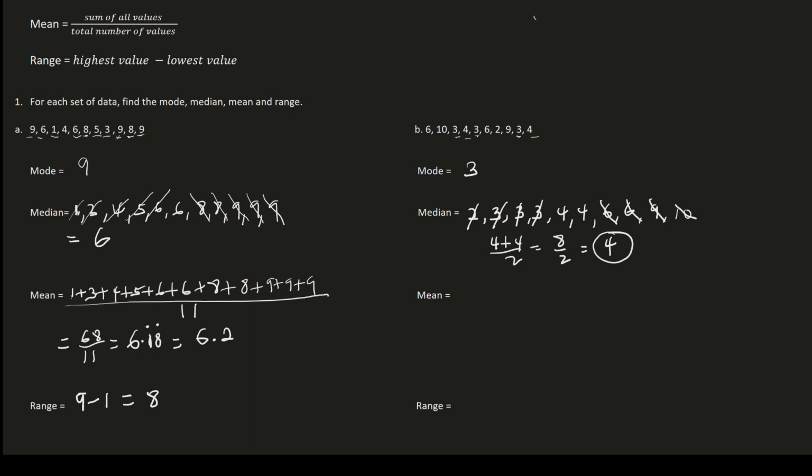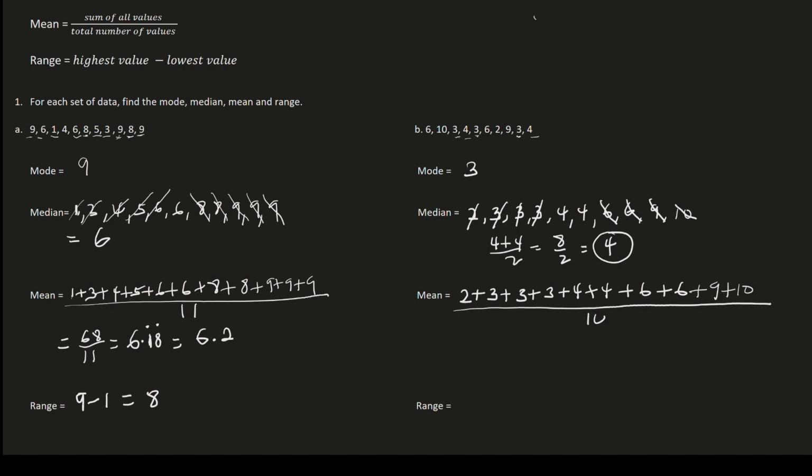Now let's move on to the mean. So we add the data, 2 plus 3 plus another 3 plus 3 plus 4 plus 4 plus 6 plus 6 plus 9 and plus 10 divided by how many numbers do I have? 1, 2, 3, 4, 5, 6, 7, 8, 9, 10.